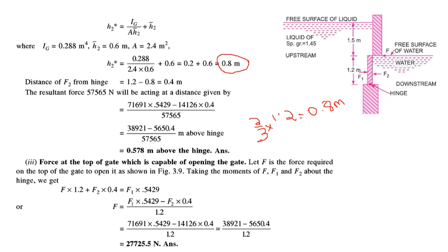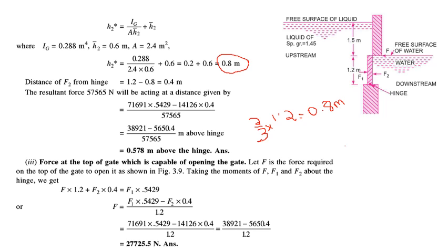So HP1 will be 1.5 plus 1.2, which is 2.7 meters, minus HP1. I can call that distance of the F2 from hinge, and they're not using any symbol. I can use Y with it.